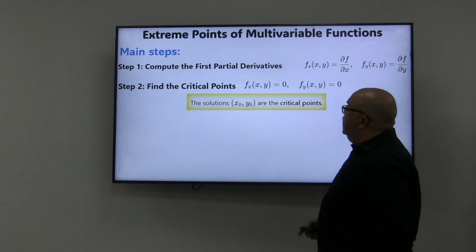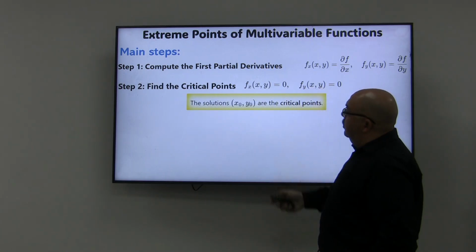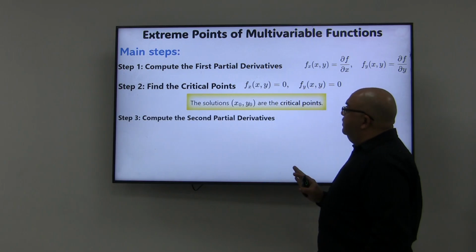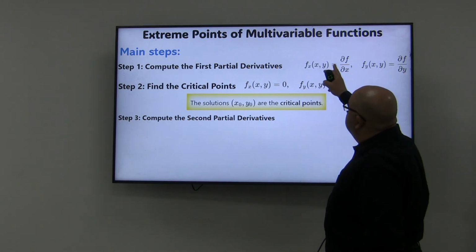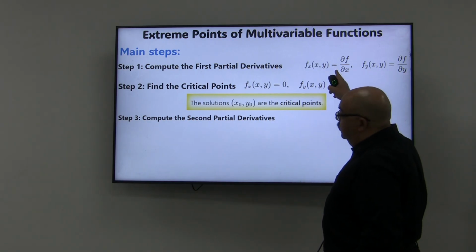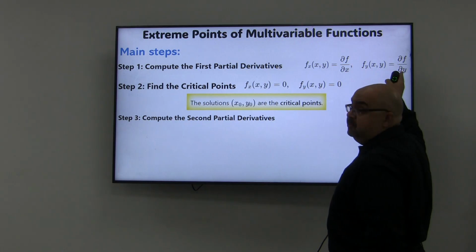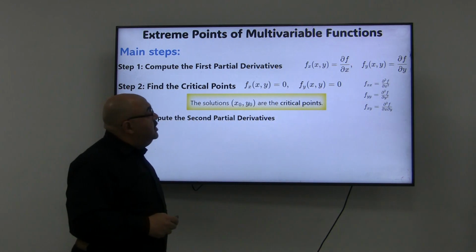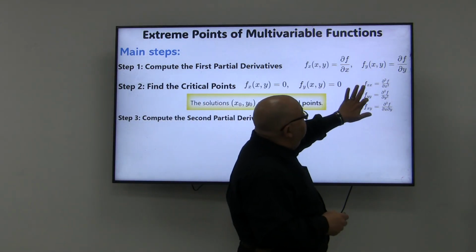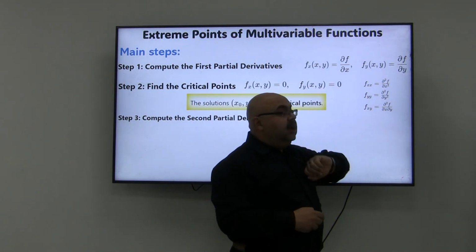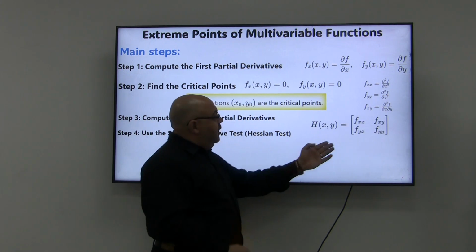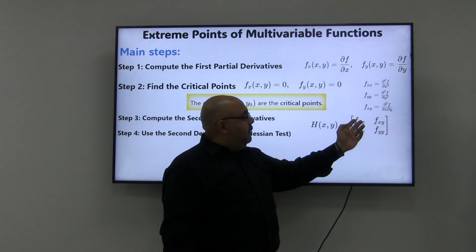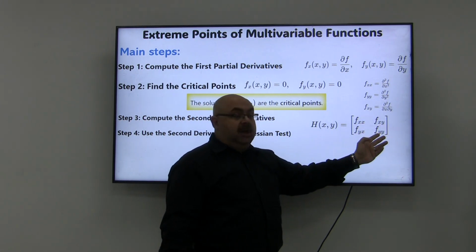Then I will get the Hessian matrix, which is going to be very, very simple. I will have to get the second derivative with respect to x, the second derivative with respect to y, and the mixed derivative. As you can see, those are the three second-order derivatives. Then I can arrange them in my Hessian matrix: f double x, f of xy, f of xy, f double y.